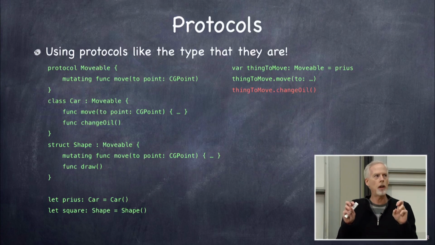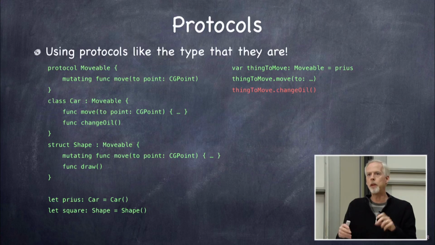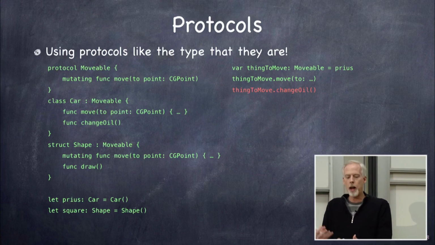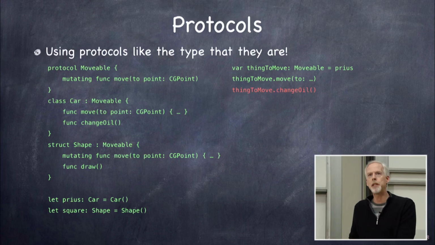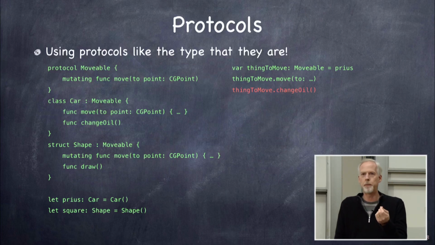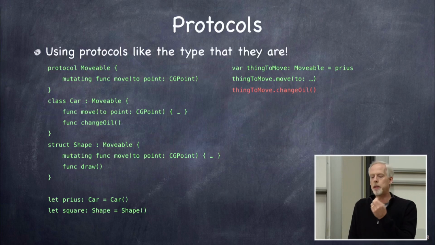It's not a Car, it's a Movable. So even though the car that happens to be in that variable can do changeOil, I can't send it. Swift will not allow me to send that message because thingToMove in Swift's mind is just a Movable. The only thing Swift knows that it can do is moveTo. Right? So this is the most important thing on this entire slide, that red thing. You cannot do changeOil if you have a var of type Movable.